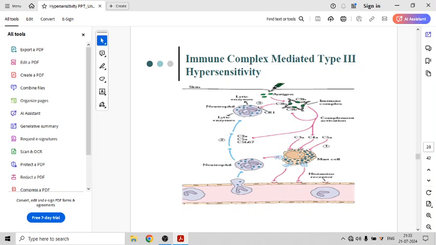By reacting on the mast cells, the mast cells get activated and they release the cytokines, which are the primary mediators of the mast cells. And these primary mediators include histamine, prostaglandin, and 5-hydroxytryptamine. So even including neutrophil chemotactic factor.